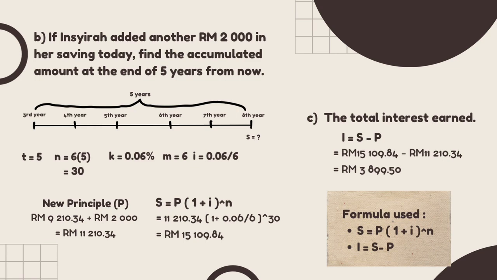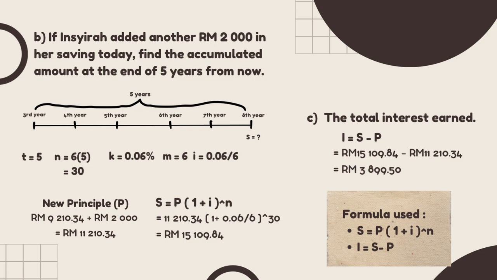The next step to solve this problem is we need to find the new principal. To find the new principal, we need to take the maturity value from the previous question 2A, which is 9,210 ringgit and 34 cents, and add it with 2,000 ringgit, and the answer would be 11,210 ringgit and 34 cents.